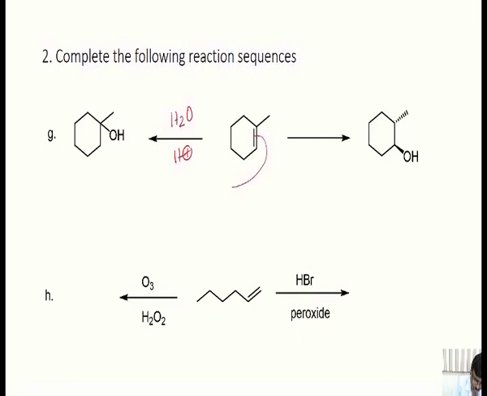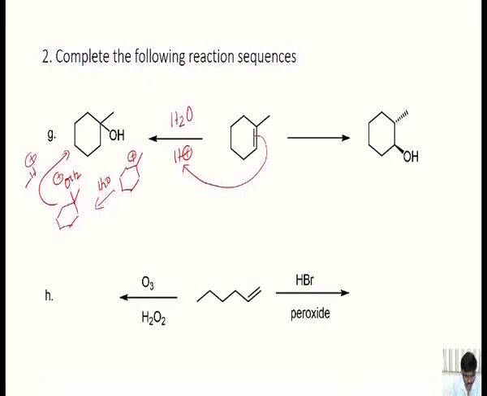It can undergo reaction with this proton source, you will be able to form the tertiary carbocation, which can react with water to produce the tertiary alcohol as the product.